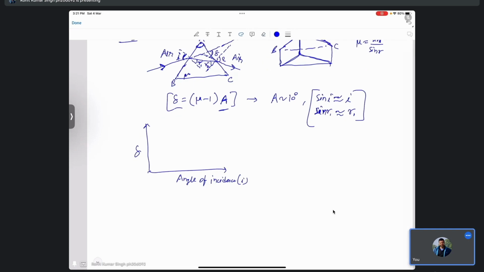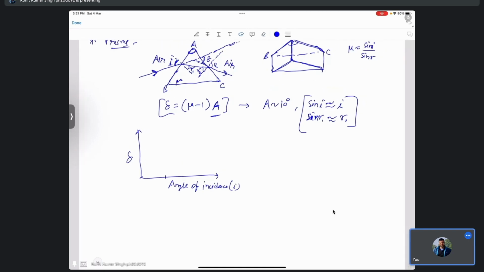Okay, so if you vary the angle of incidence from I to, suppose E is somewhere here, you will get a curve like this.